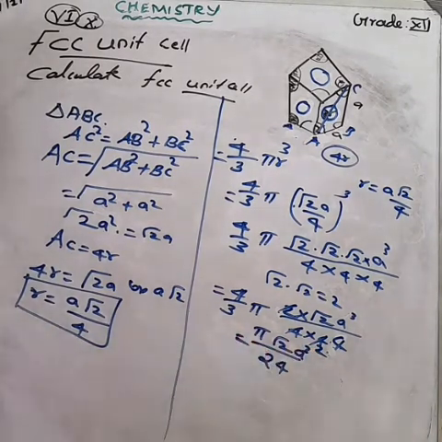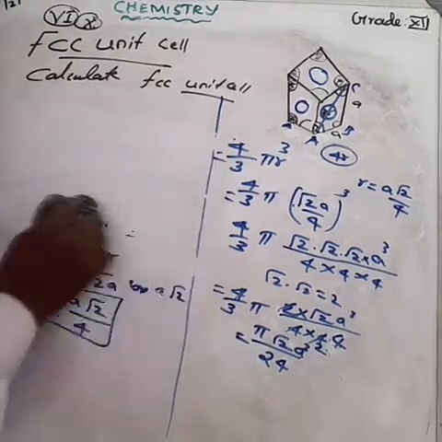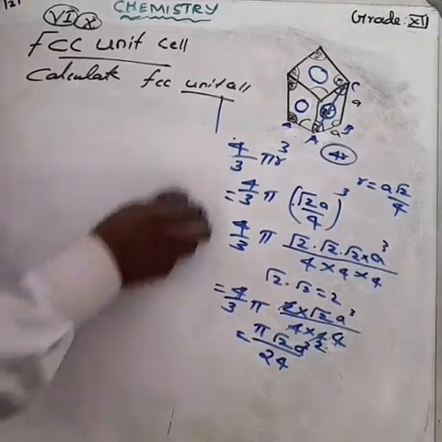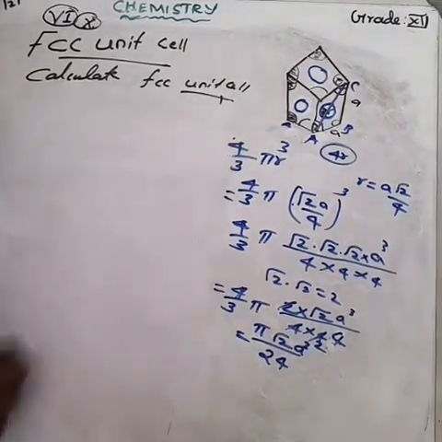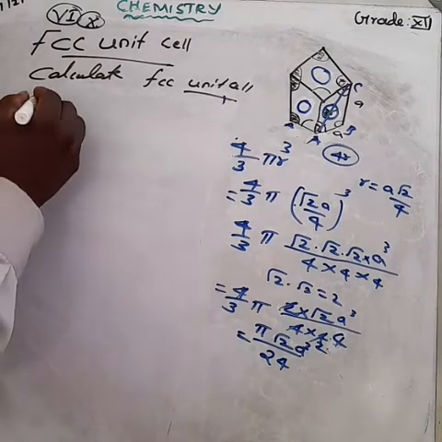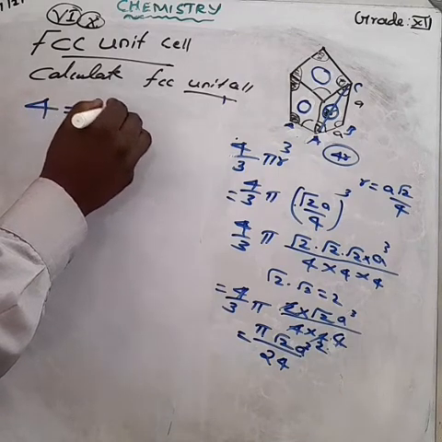Am I right? Next. The total number of spheres belonging to a single FCC unit cell is 4. That we already discussed.